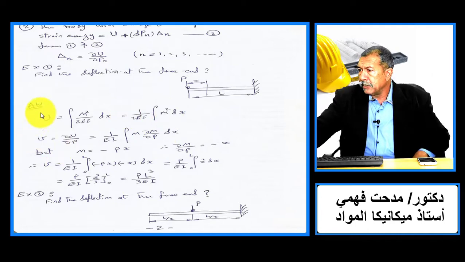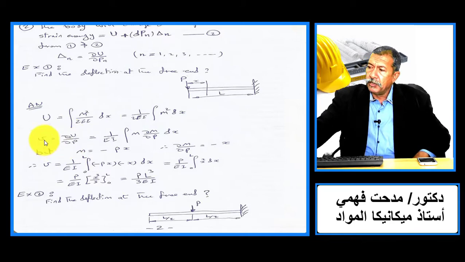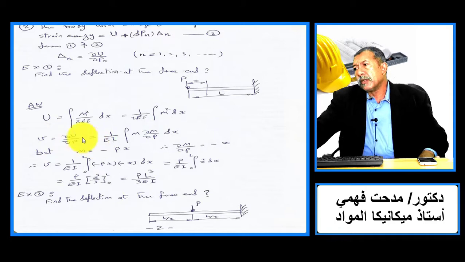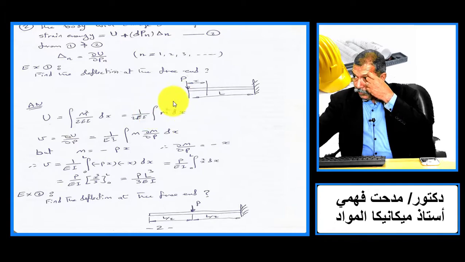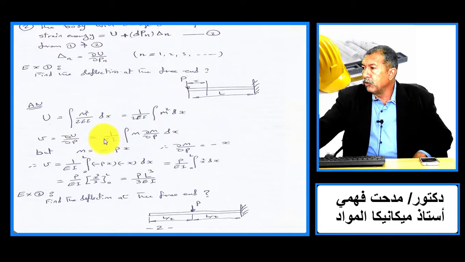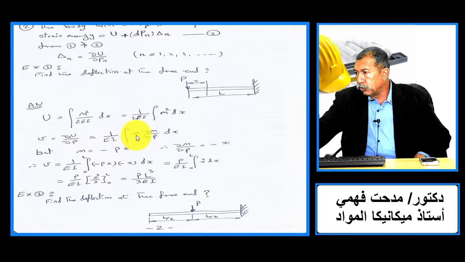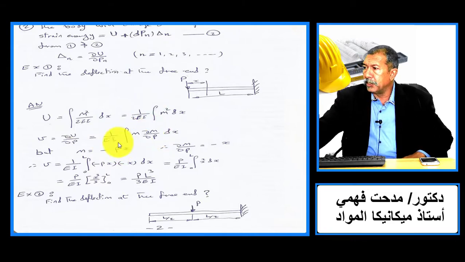If we take partial U by partial B, we get V, which is the deflection. So we take partial U of this equation by partial B. It will be 2 times M times partial M by partial B, and the 2 cancels. So we get this equation: 1 over EI, integration of M partial M by partial B dx.